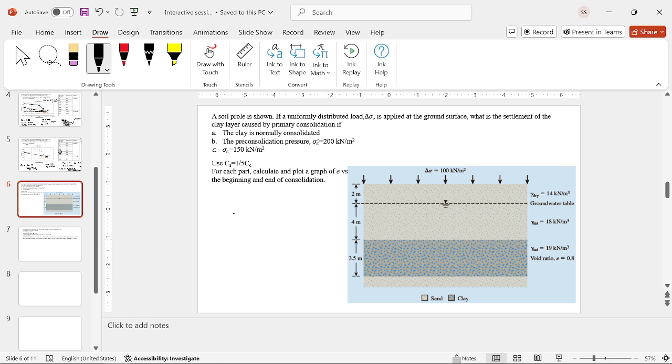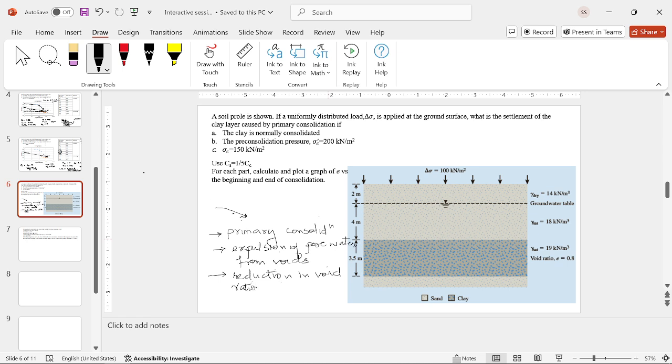So that configuration is reached with primary consolidation, which takes place due to expulsion of pore water from voids, or a reduction in void ratio.